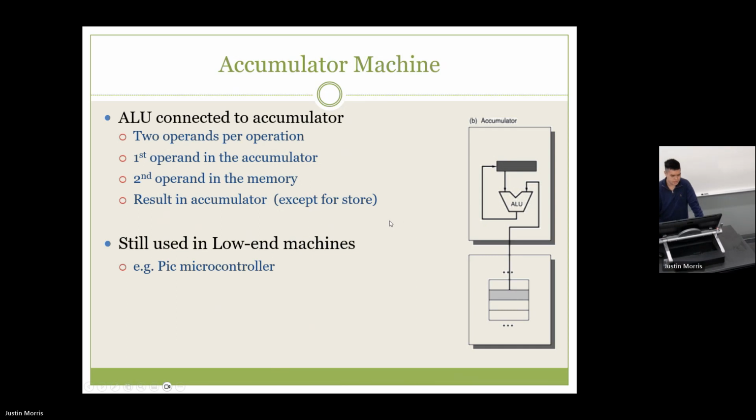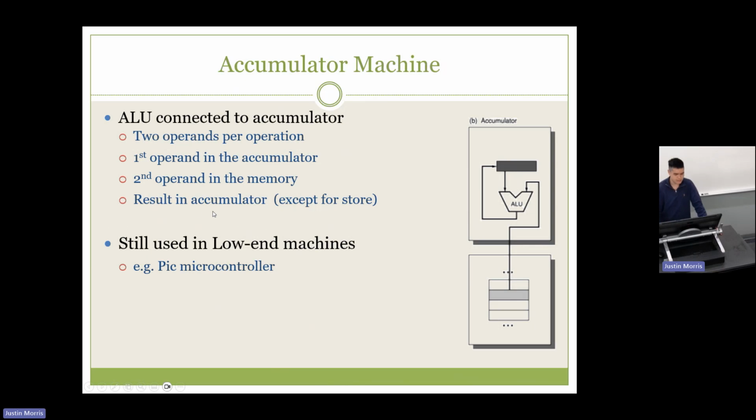All right. So accumulators is going to be kind of similar to the stack, except now we just have this one register. We have two operands per operation. The first operand is in the accumulator, so the one register, and the second operand is from memory.